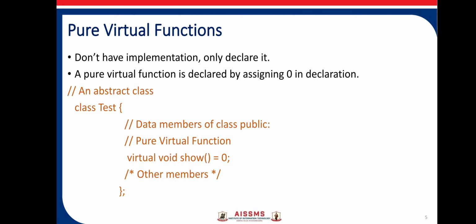So, for example, in an abstract class, we declare a virtual function with the name show and we assign the value equal to 0. By this statement we are declaring the pure virtual function. So if any virtual function is assigned the 0 value, we can identify it as a pure virtual function.